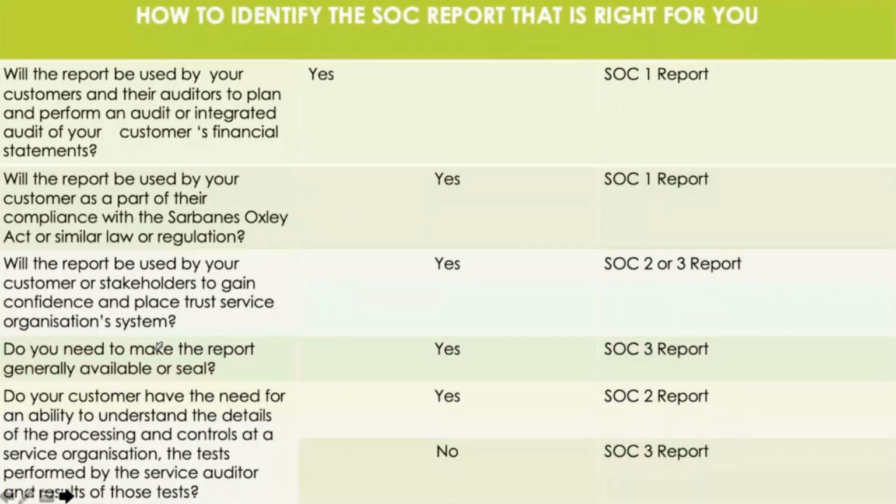If it is financial, you use SOC 1. If it is technology, you use SOC 2 or SOC 3, depending upon who wants the report. Internal use SOC 2, external use SOC 3, detailed report type 2, just in time report type 1. That is how you get these reports issued.